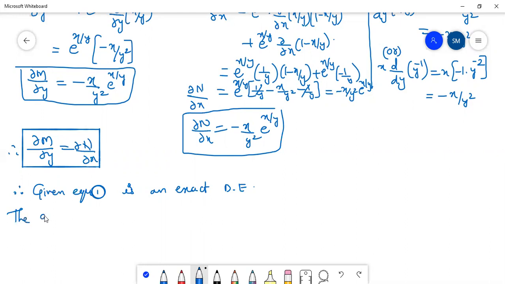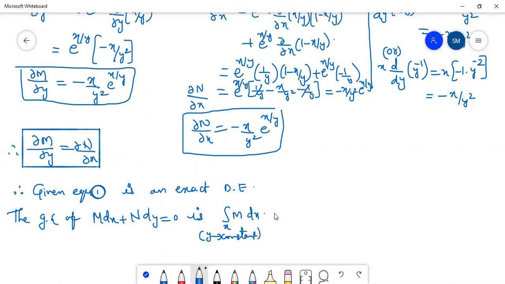The general solution of m dx plus n dy equal to 0 is integral over x of m dx, that is nothing but y treating as a constant, plus integral of only y terms of n dy is equal to c.